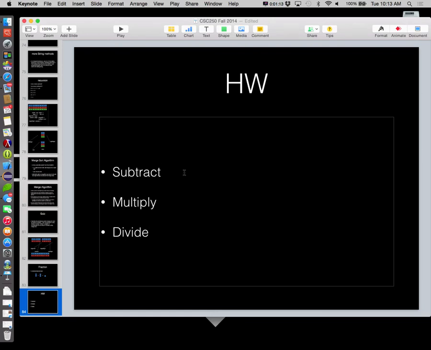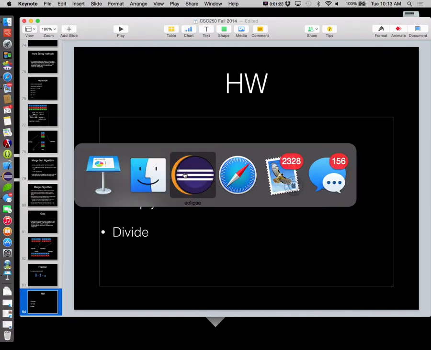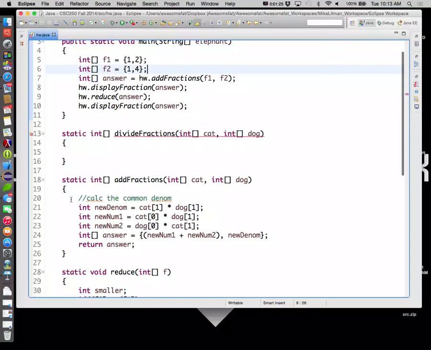How do we subtract fractions? Same thing as adding, but subtract instead. Okay. All right. So let's go write subtract, because we already have add.